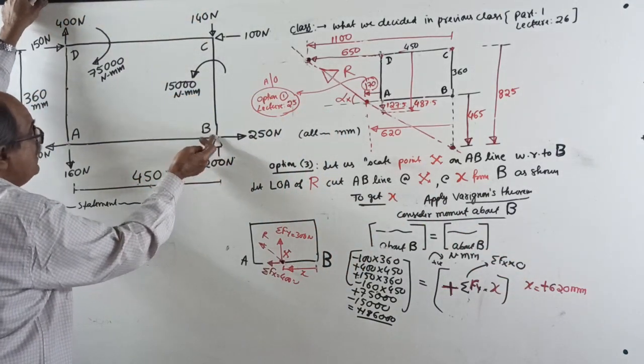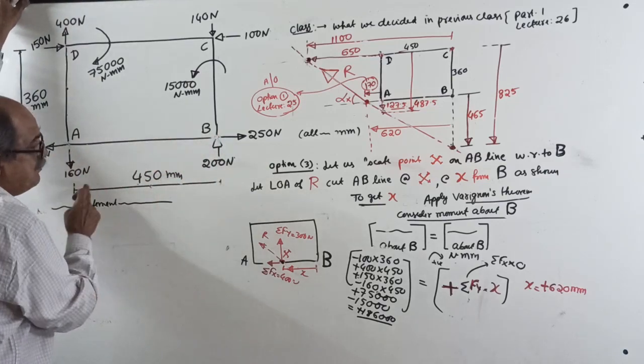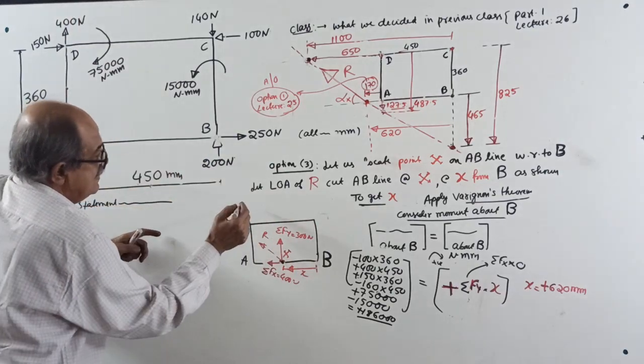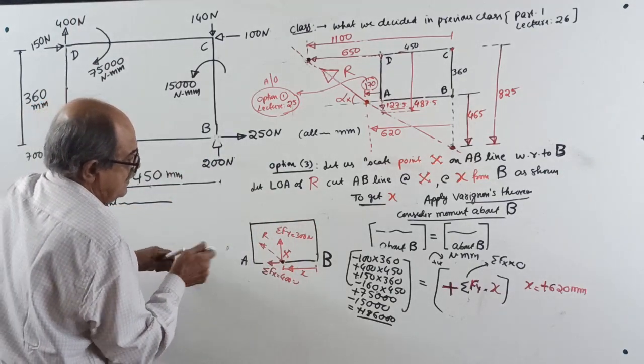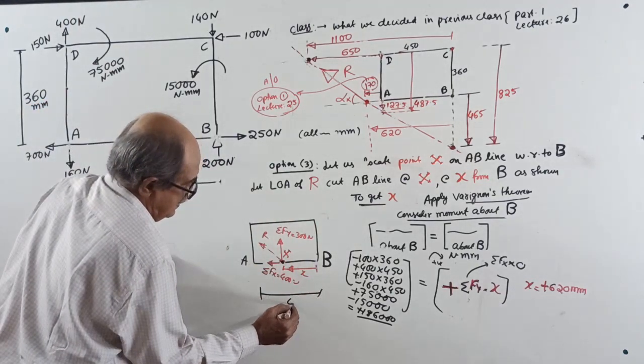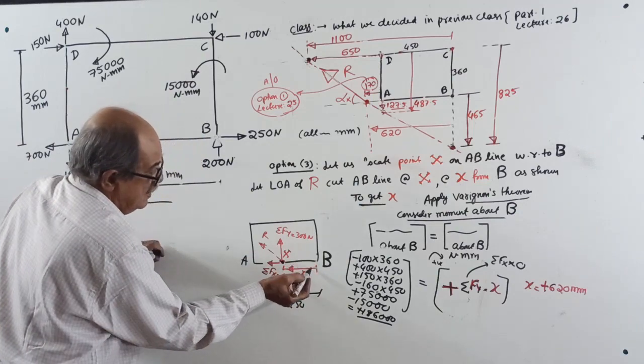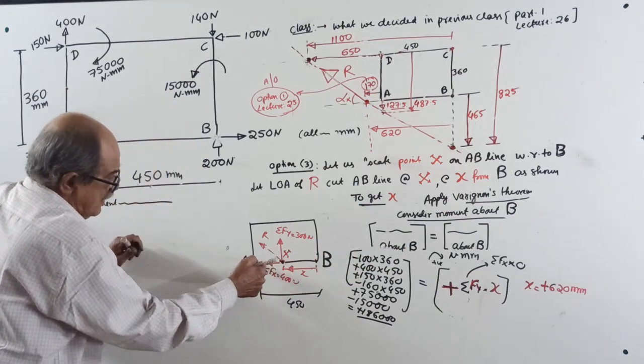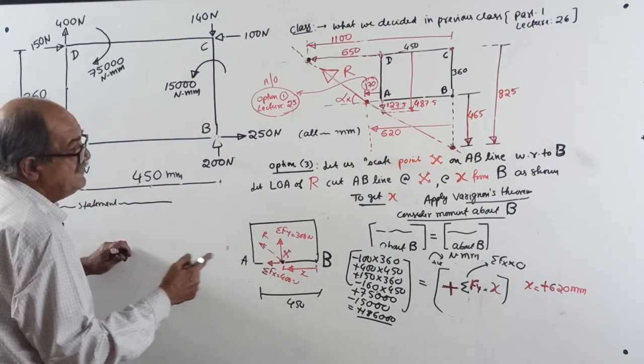When you come from 620 here, up to here is only 450. You write here, this is only 450. Therefore, the 620 means from B you have to come here and further come left side by some distance.